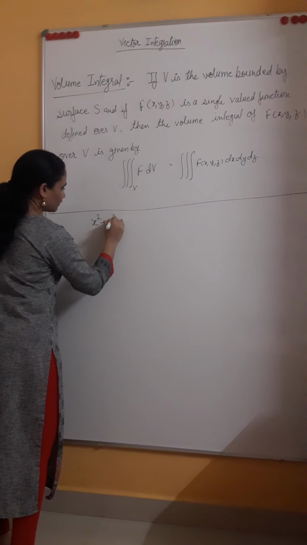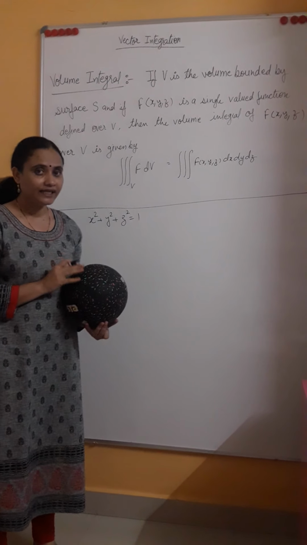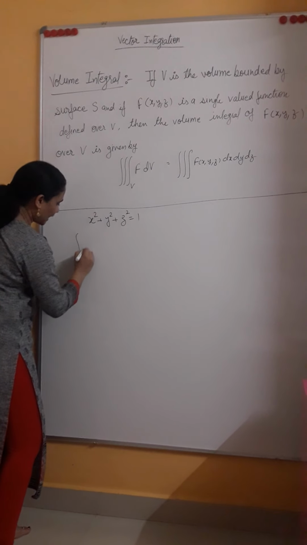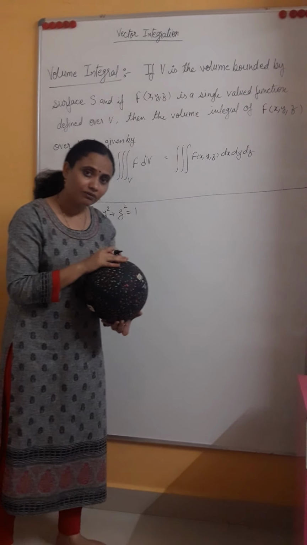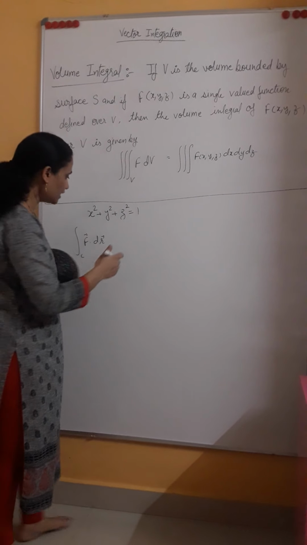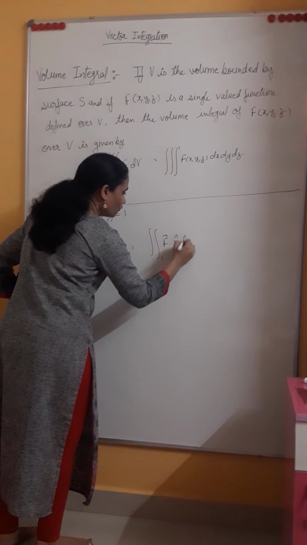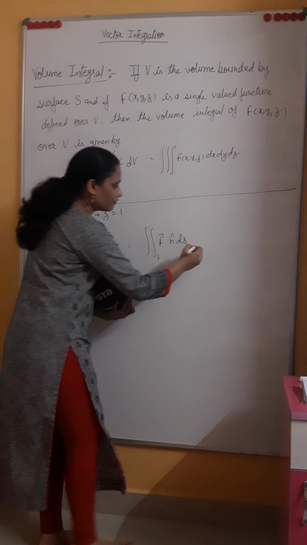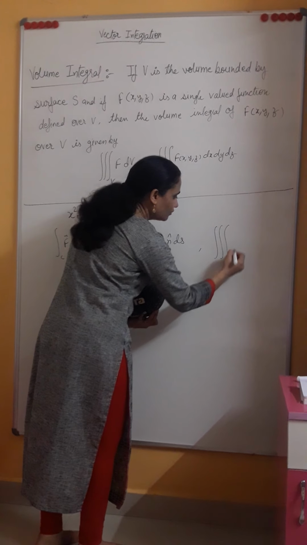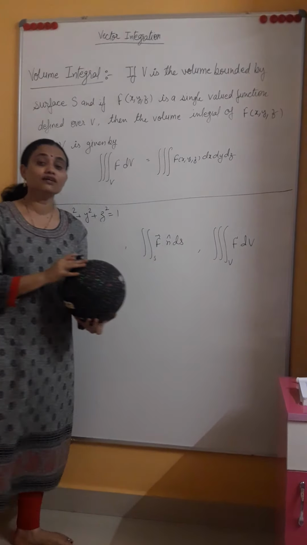Now, if a line integral is given over the curve given by this sphere, or if the question is to evaluate the surface integral over the surface given by the same sphere, or if I have to find the volume integral of the function f over the volume bounded by this sphere, what is the difference between these three?